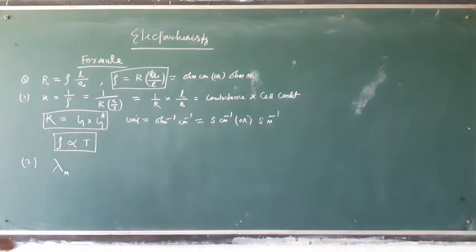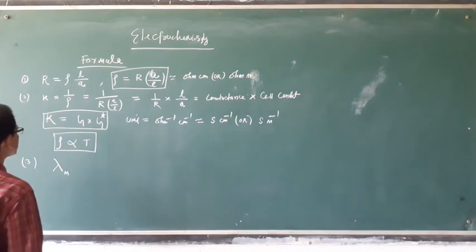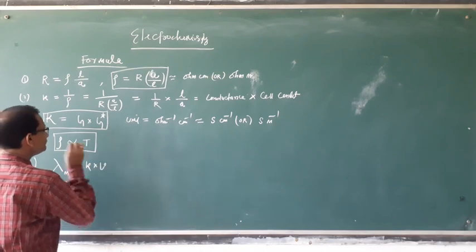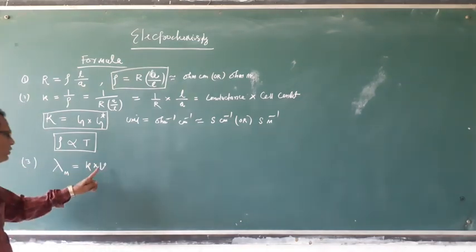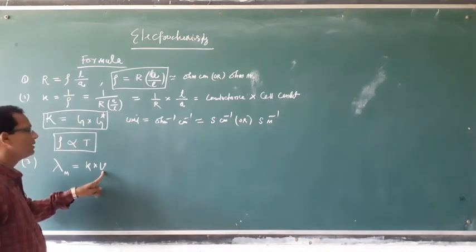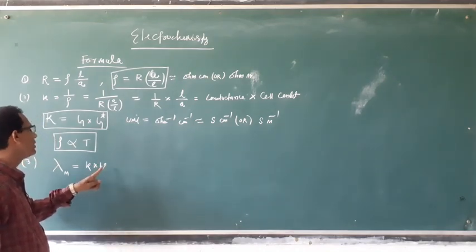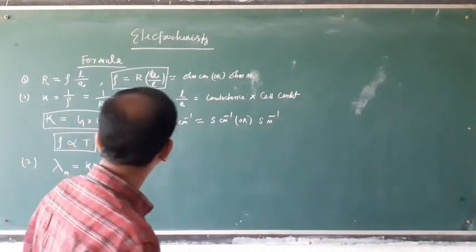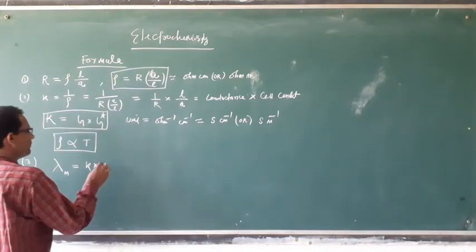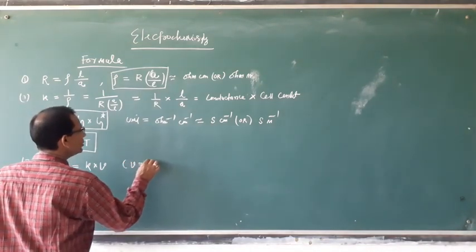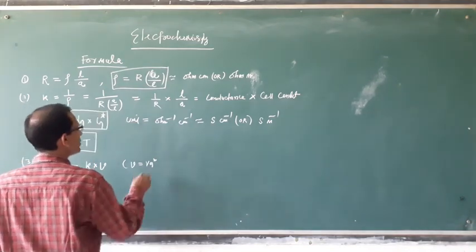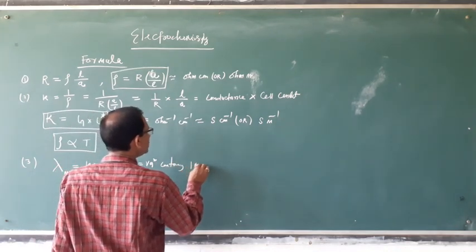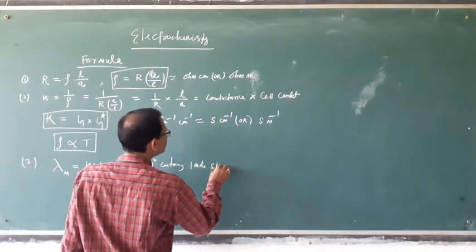Lambda m is called molar conductance, and is equal to kappa into V. What is V? V is the volume of solution in cc containing 1 mole of electrolyte.